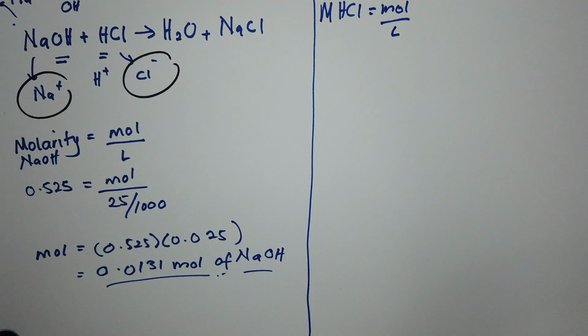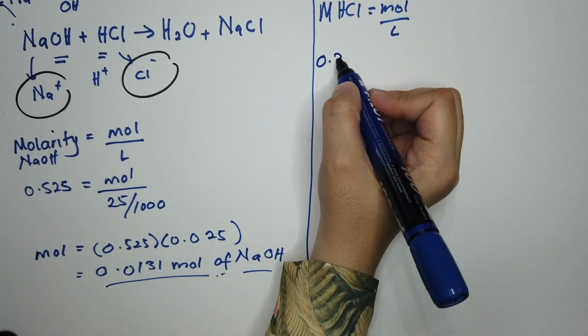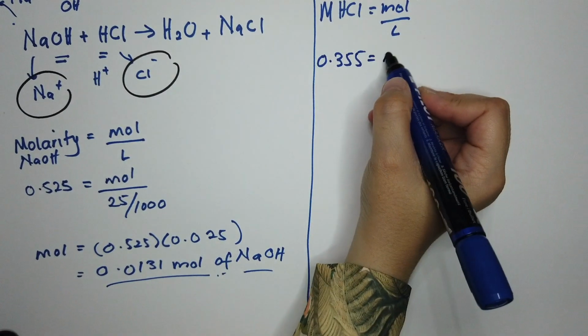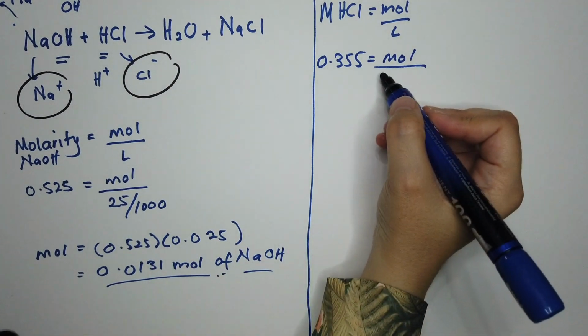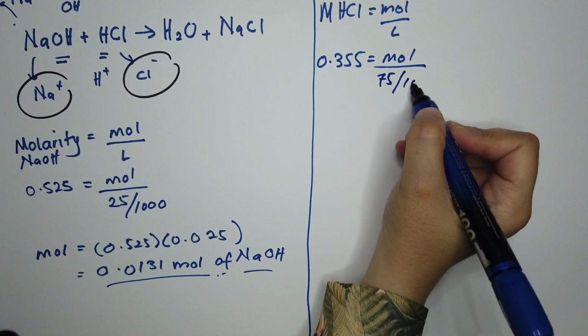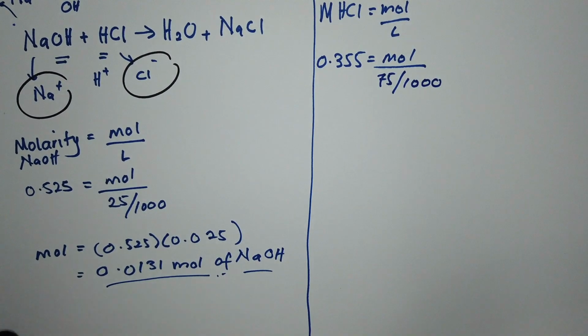The molarity of the HCl is 0.355, and the volume stated in the question is 75 ml, so you need to divide by 1000.